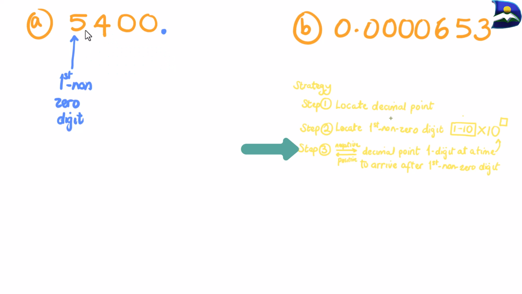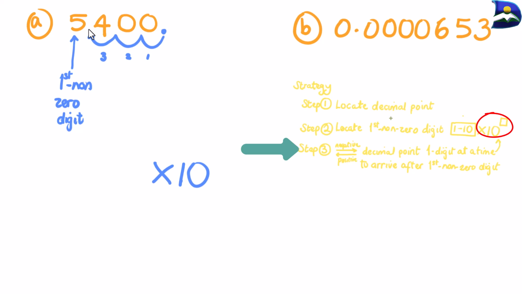Therefore, our movement shows that we are going 1, 2, 3, and this implies that our multiplication by the 10 to the exponent is times 10 to the exponent 3, because that is the last number of steps made by the decimal point before it hits after the first non-zero digit.